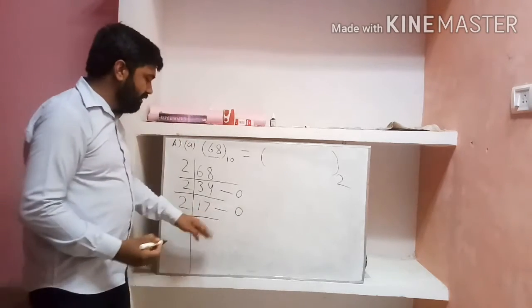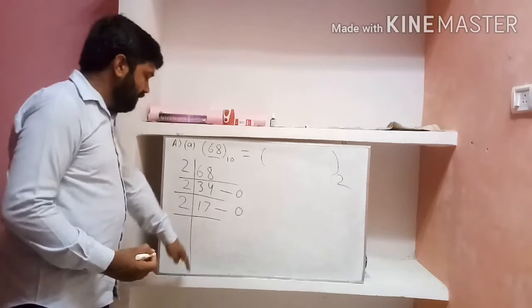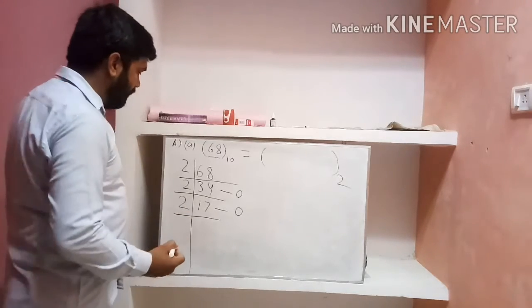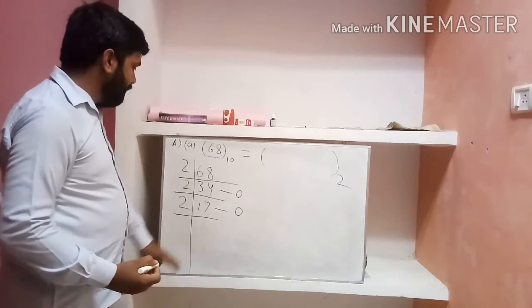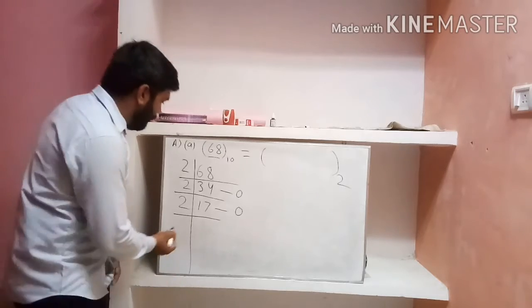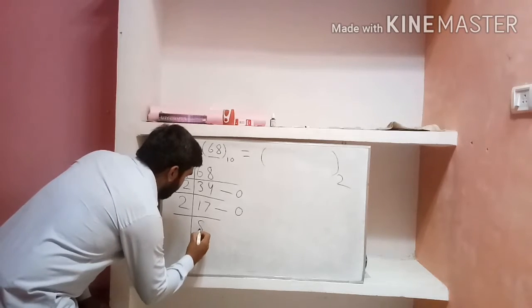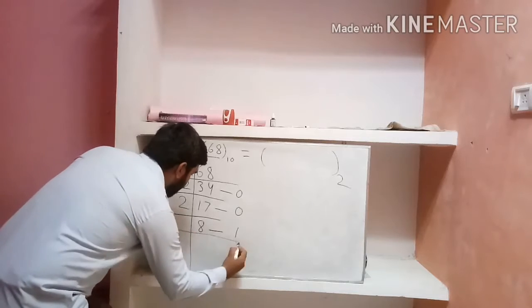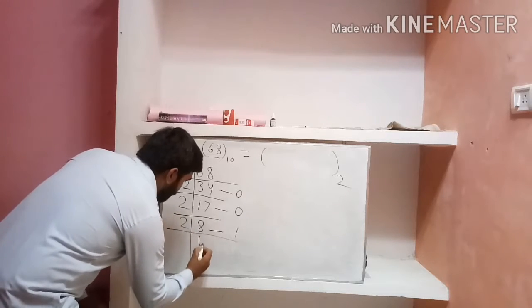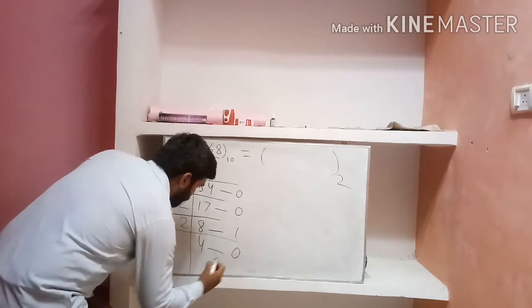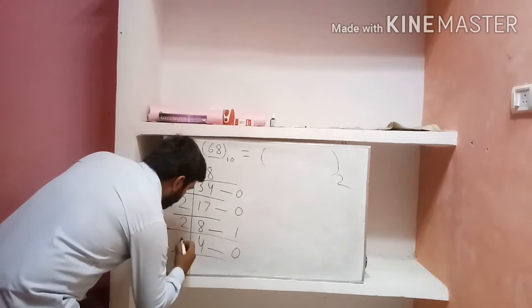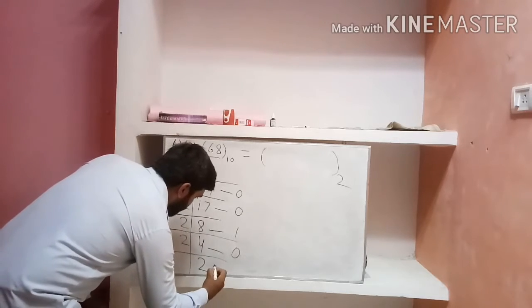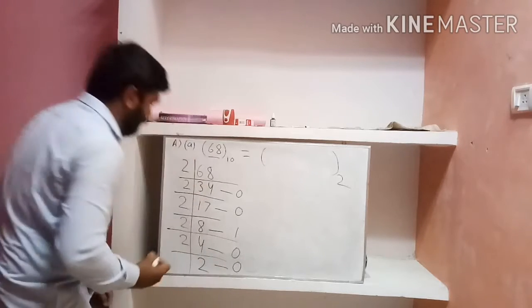You have to continue this till you get the quotient 1 or remainder 0. Now see, 2 8s are 16, remainder 1. Again divide 8 by 2, 2 4s are 8, remainder 0. Again divide 4, 2 2s are 4, remainder 0.